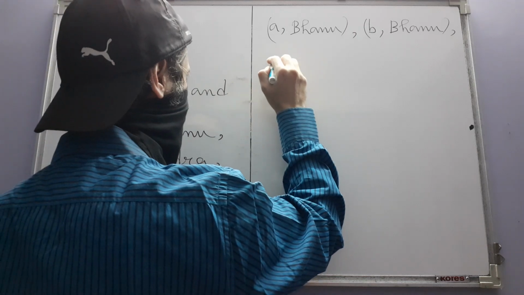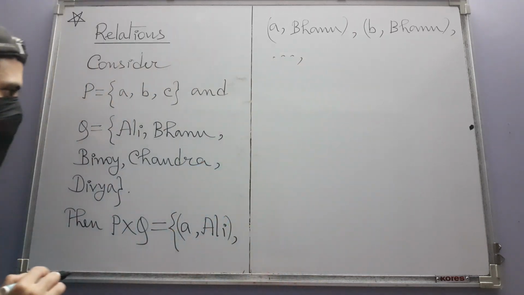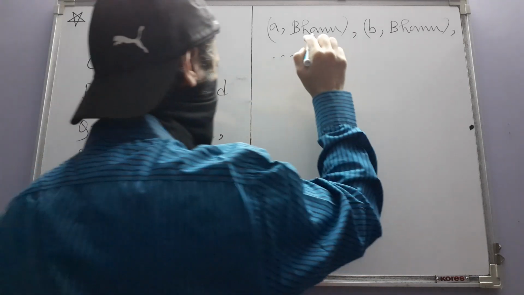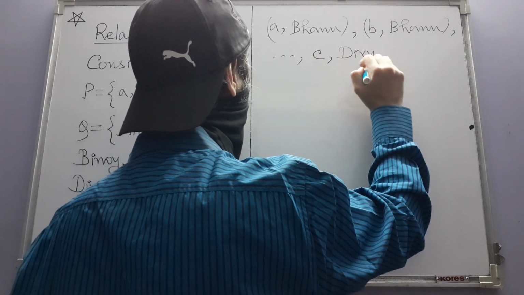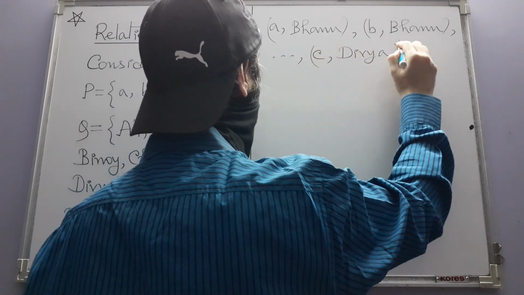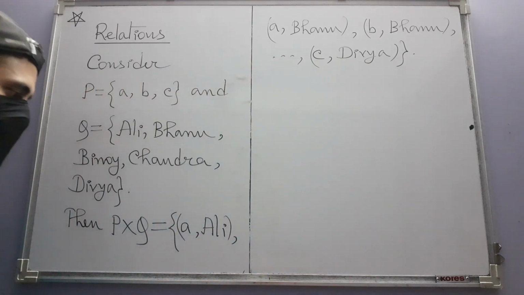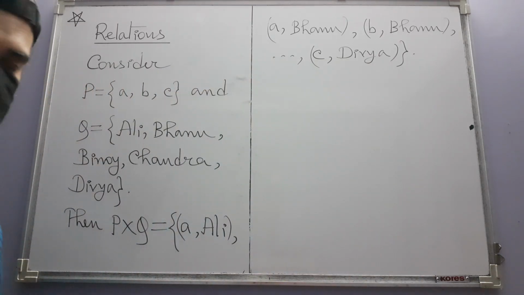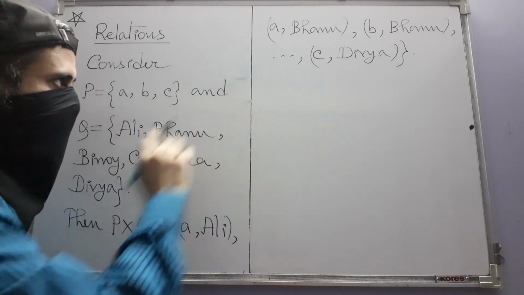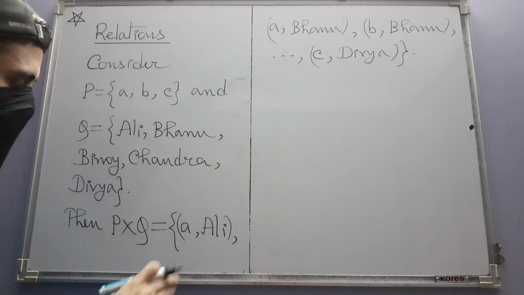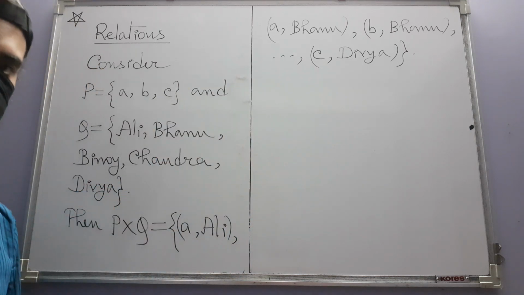So you will have all the possible ordered pairs, and you have this also. So by not very seriously, I mean we are not really systematically writing down the elements of this set. We are just showing some of its elements. Okay.